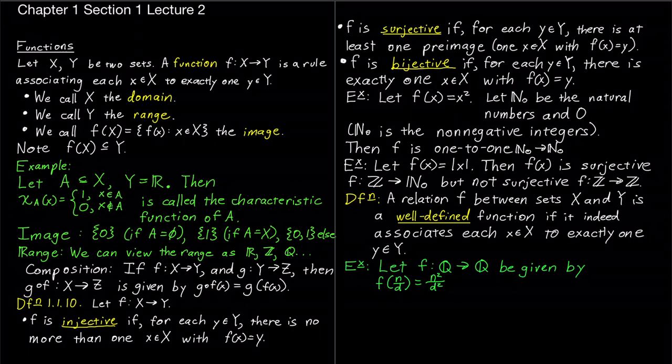And that is well defined because if you have two different fractions that mean the same rational number, 2/4, 3/6, 4/8, when you square it, you get 4/16 or 9/36 or 16/64. You get something that is well defined. You get the same answer. You put two different inputs in that look the same but are secretly the same input. You get the same thing out. So this is well defined.